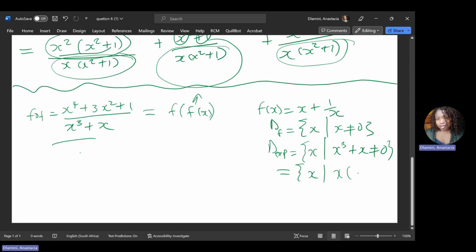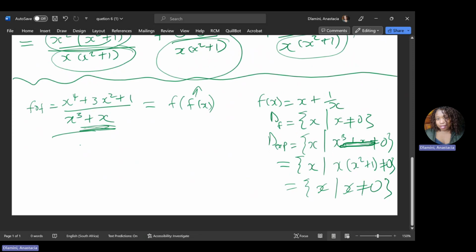Then that will be x squared plus 1 should not be equal to 0. So meaning that in this case, x should not be equal to 0. Because if x is equal to 0, the denominator over here will be 0, and therefore the expression will not be defined.